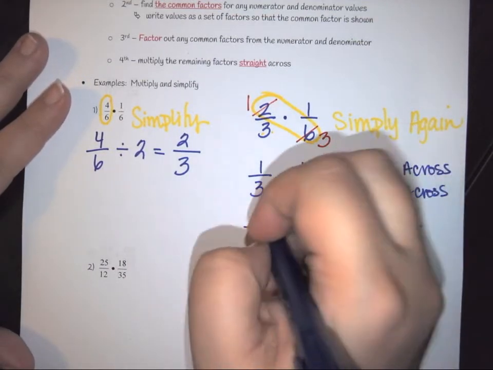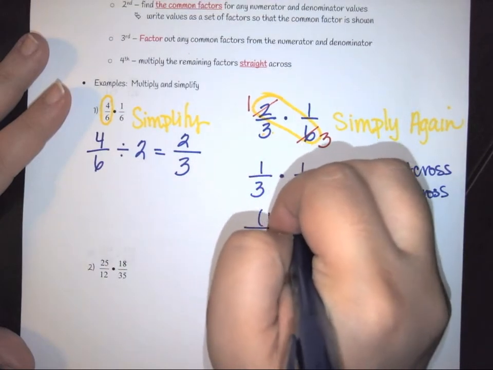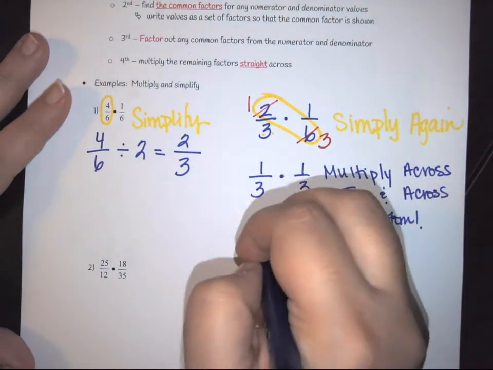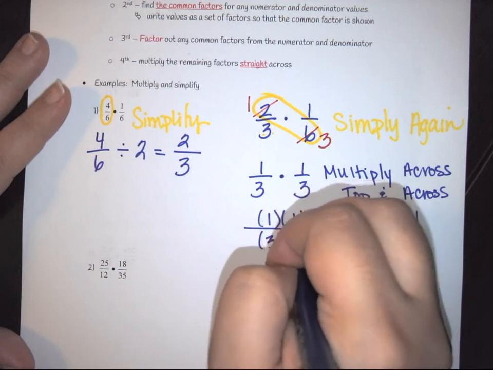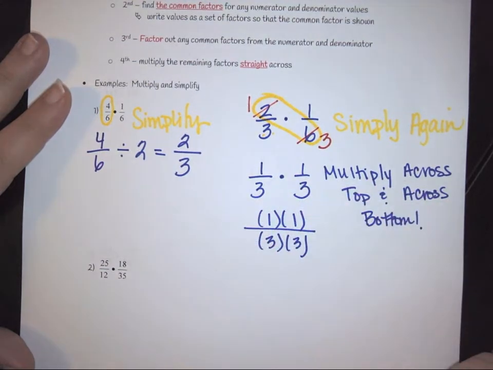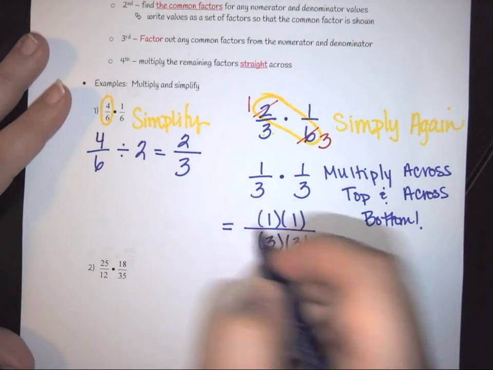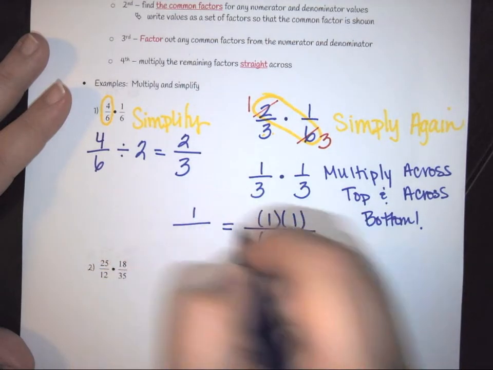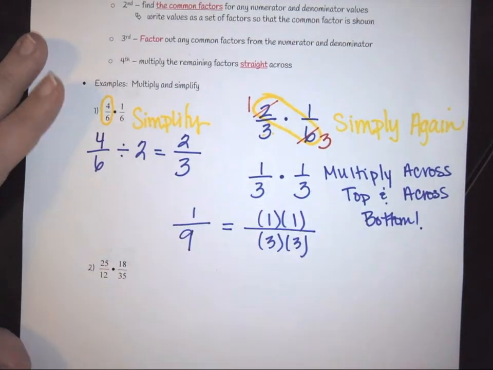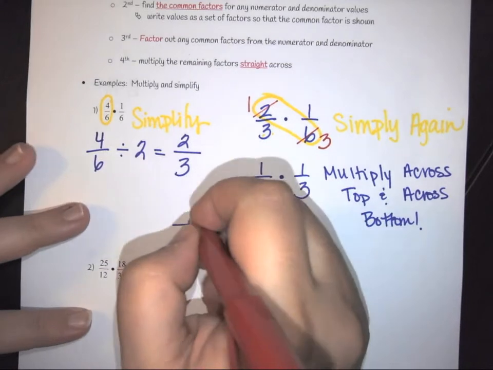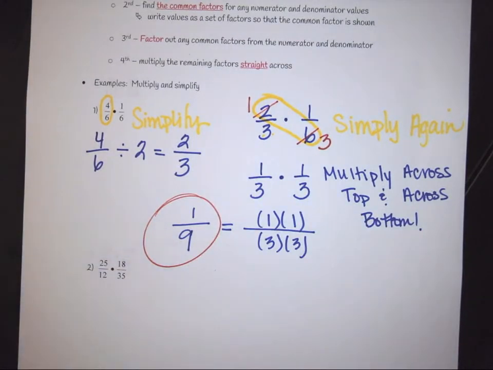I'm multiplying across the top, so 1 times 1, and I'm multiplying across the bottom, 3 times 3. Actually do the math here. 1 times 1 is 1, 3 times 3 is 9. And this is my overall result. Okay.